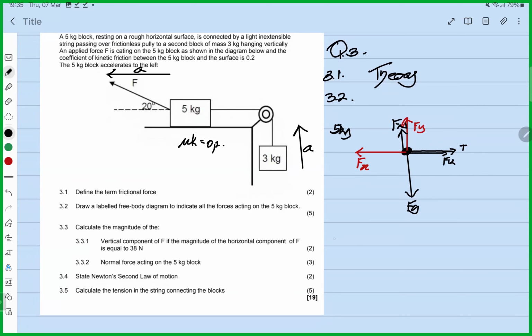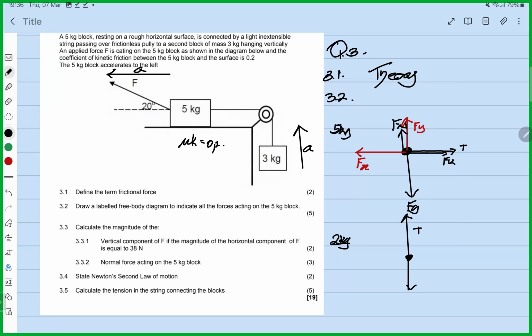I'm going to draw the 2 kilogram as well. Remember, I told you, you will always need both the free body diagrams. Yes, sir. Would you not need to state the applied force since there is an applied force on the 5 kilogram block? No. You either put the components or the applied force. If you're putting the components, you don't put the applied force.